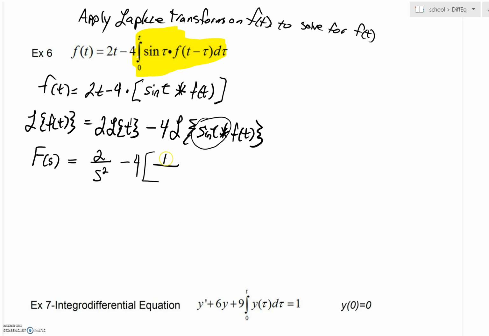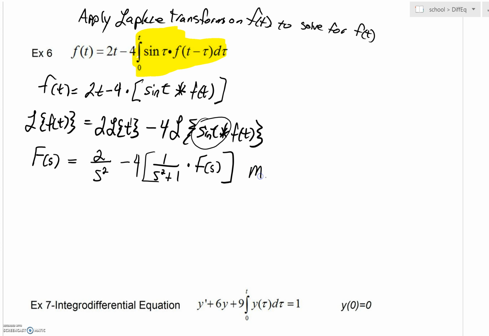My k is 1. I'll have k over s squared plus k squared, but again, my k is 1. And the Laplace transform for f of t is capital F of s. And you can see right here things have, in fact, cleaned up nicely. They are getting quite a bit nicer.